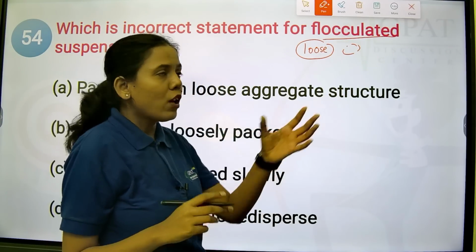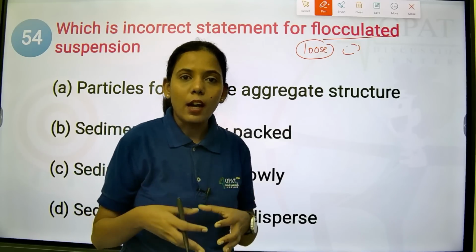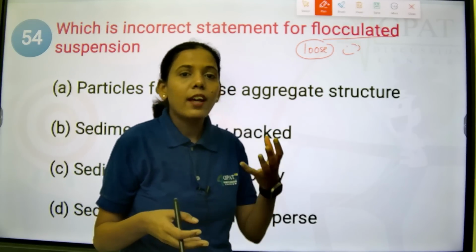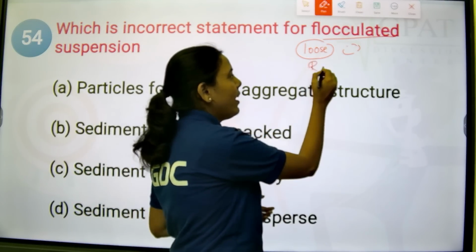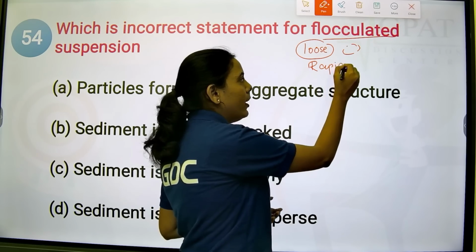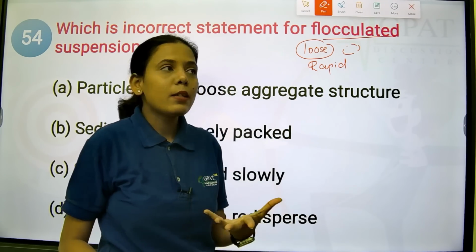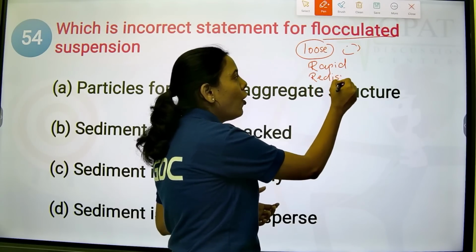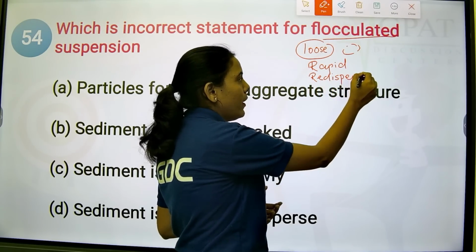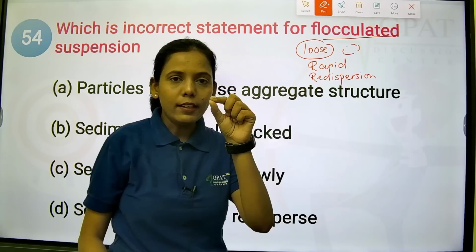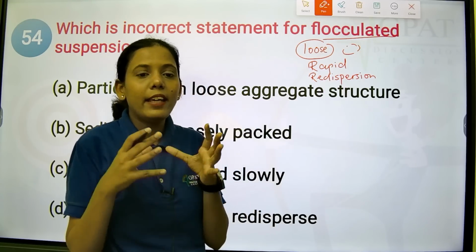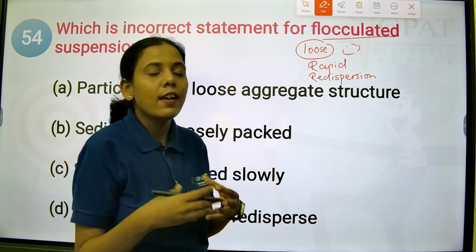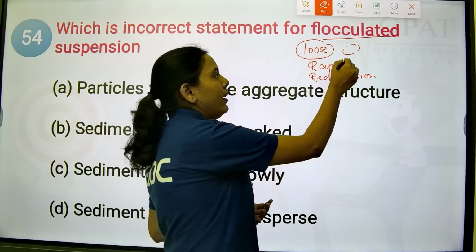Because 2 to 3 particles come together, they have rapid sedimentation, right? But they will redisperse easily. Redispersion is easy in the flocculated type of suspension. One particle will settle slowly, but a group of particles will settle rapidly.